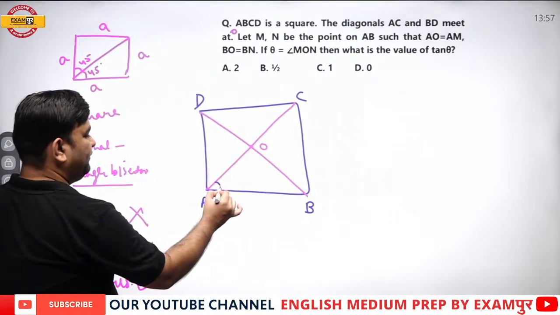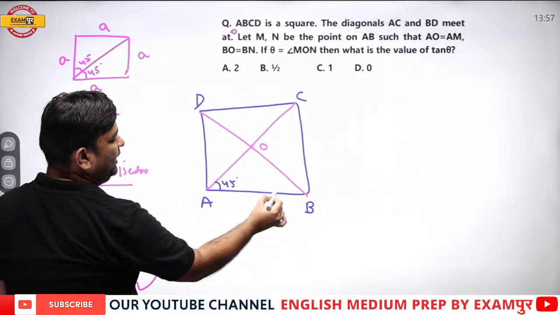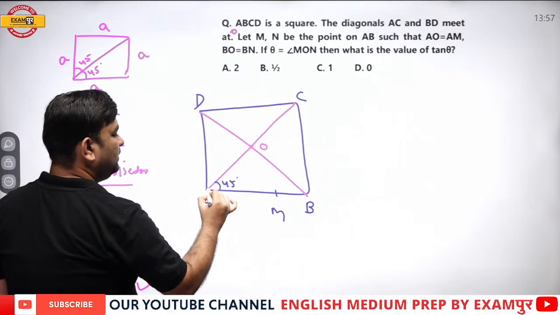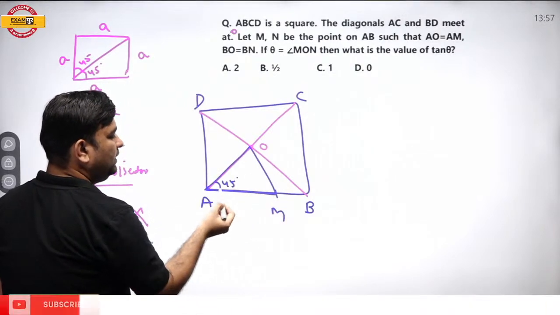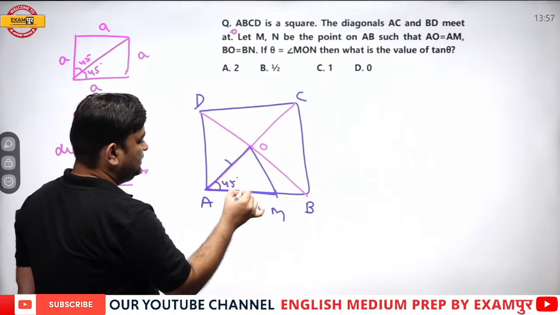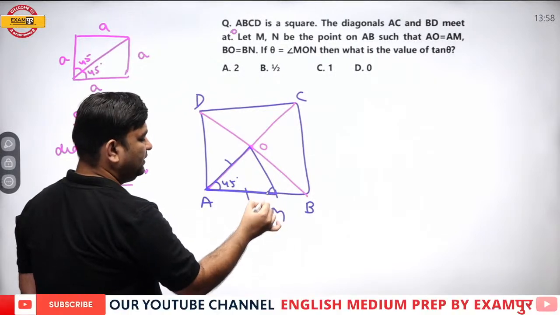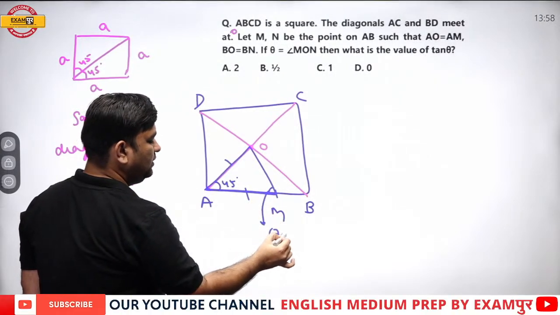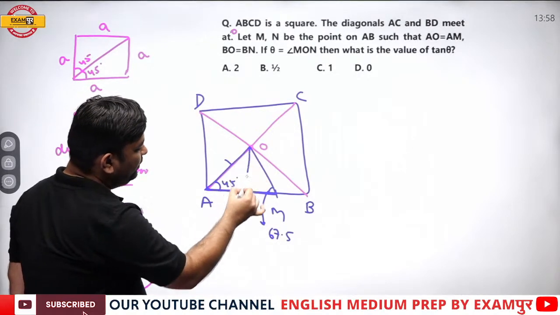So 45. AO is equal to AM. After 45, how much is remaining? 135. Divide into two equal parts: 67.5, 67.5. Similarly, BO is equal to BN.